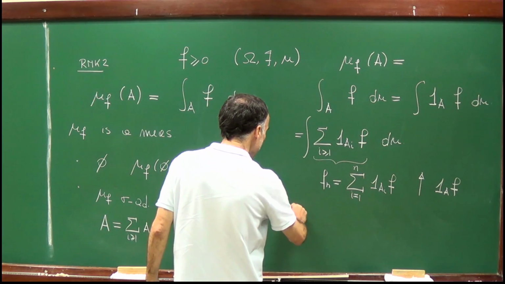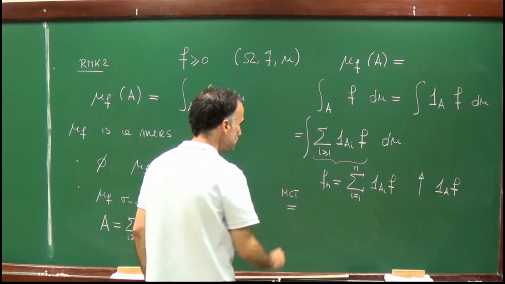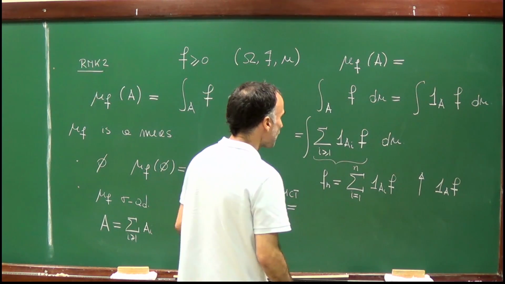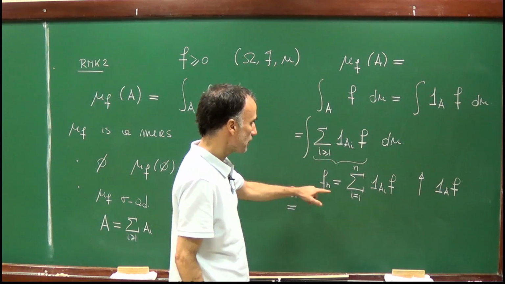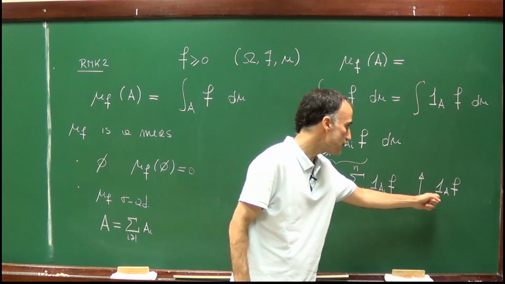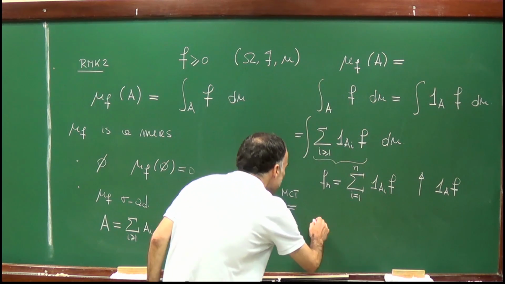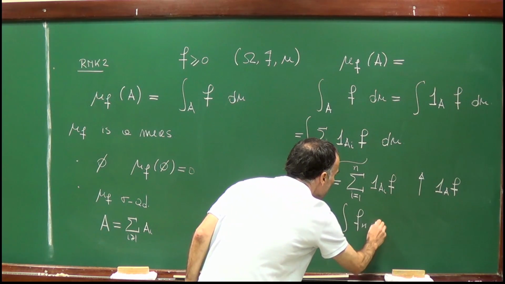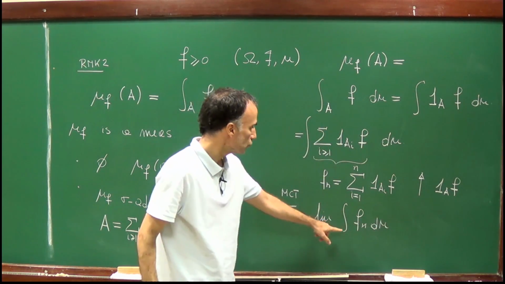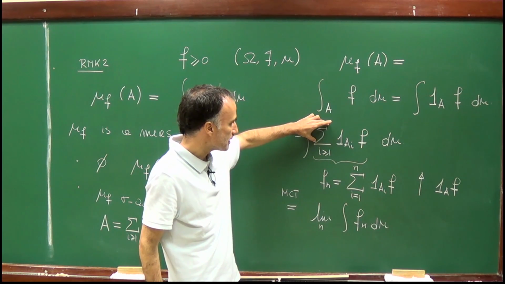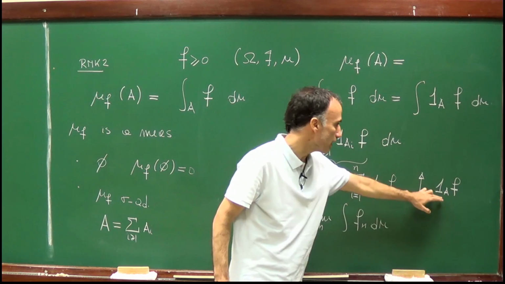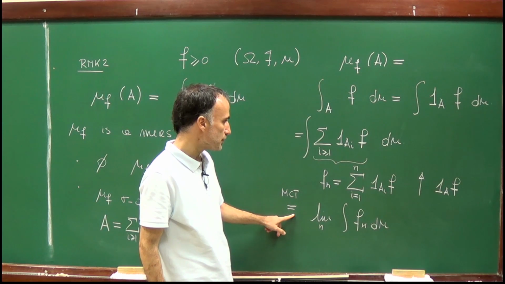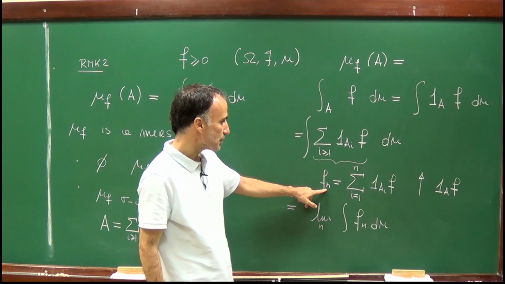So by the monotone convergence theorem, the limit of the integrals of f_n is equal to the integral of the limit, which is exactly the function 1_A f.